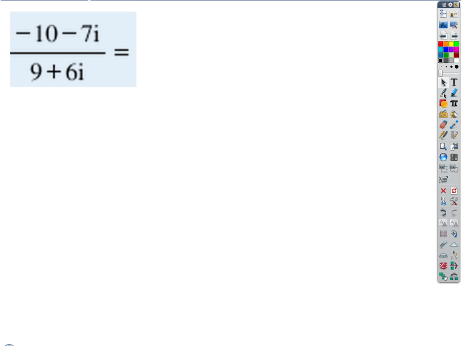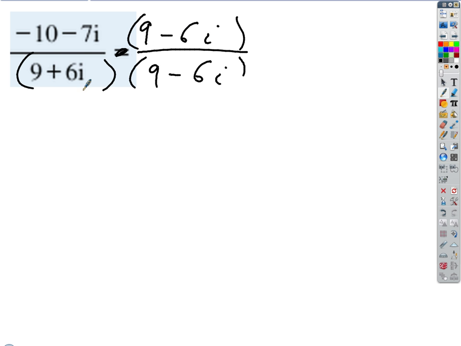Whoops. That's kind of fun. Times the complex number, instead of 9 plus 6i, it would be 9 minus 6i, the conjugate. Okay? And let's see what happens when we do that. If we FOIL that out on the top, product of the first terms would be negative 90. Product of the outside terms, plus 60i.